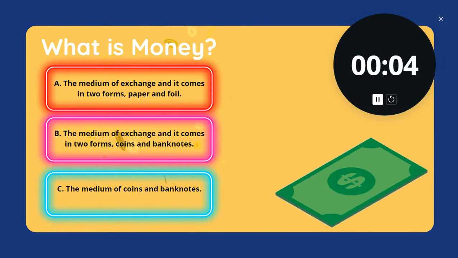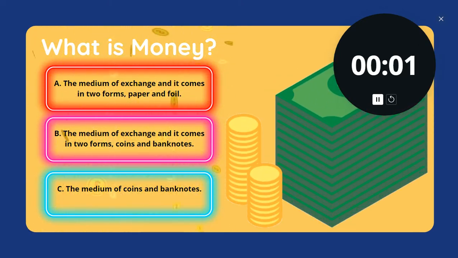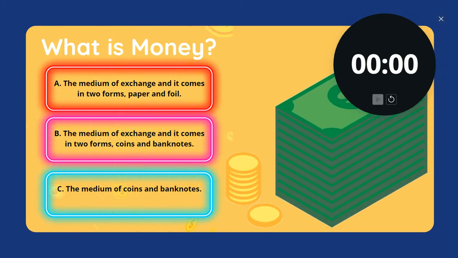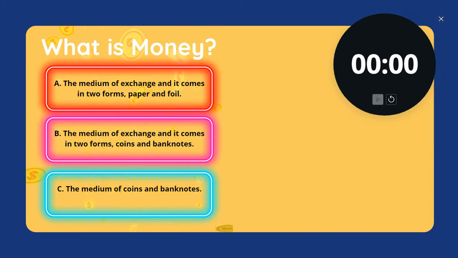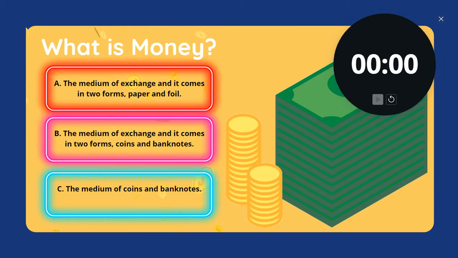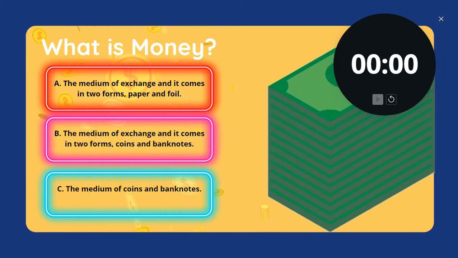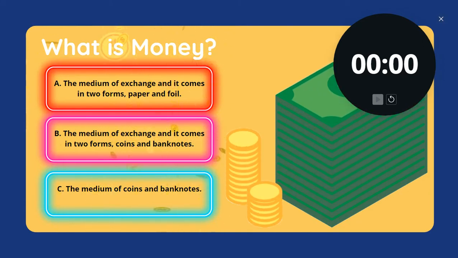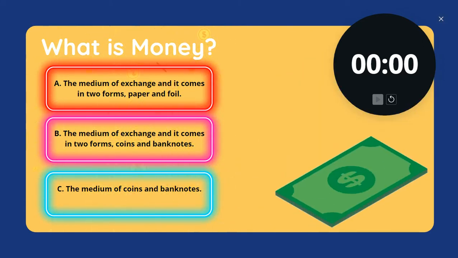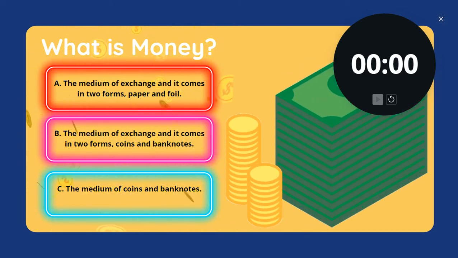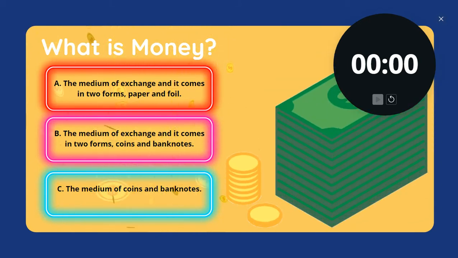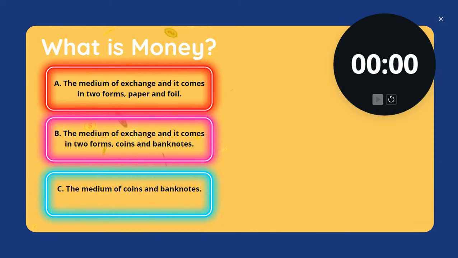So 5, 4, 3, 2, and 1. So the answer for this is letter B, the medium of exchange, and it comes in two forms, the coins and banknotes. So class, most people kay gina-assume nila nga ang kwarta daw is just cash and coins.